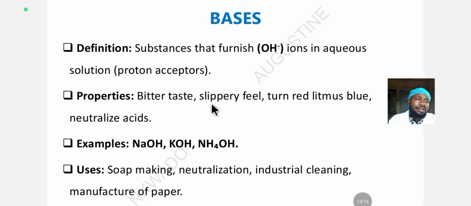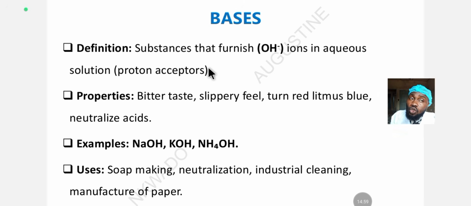Dissolves in water. So alkalis are bases, but they can dissolve in water, because there are some other bases that can't dissolve in water. A basic hydroxide that dissolves in water is known as an alkali. Bases are not all hydroxides, but alkalis are hydroxides.